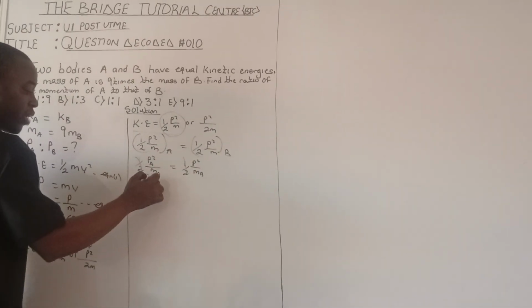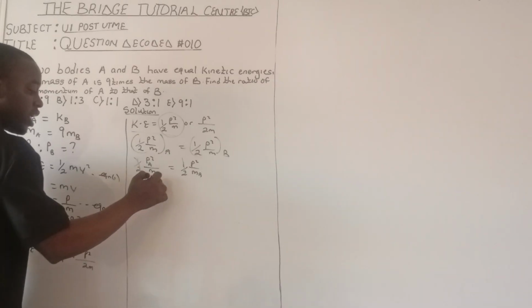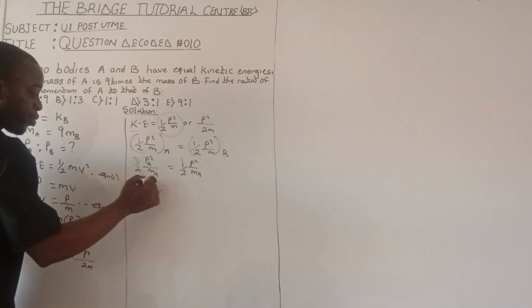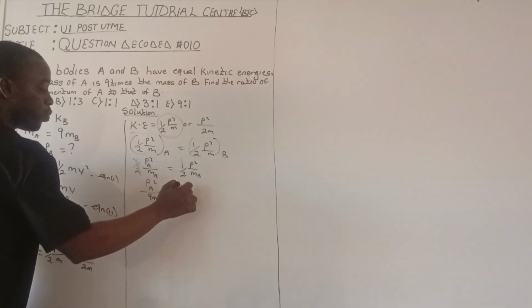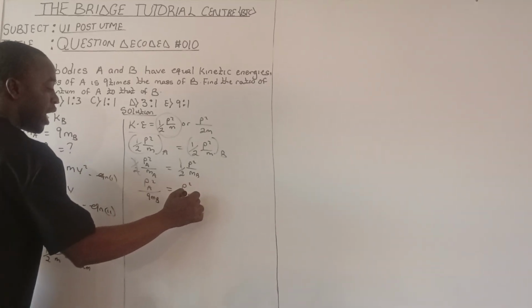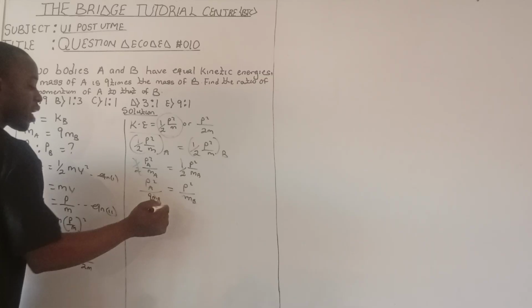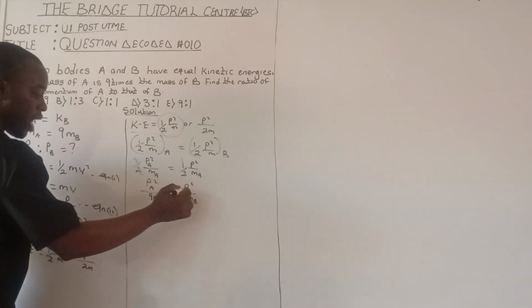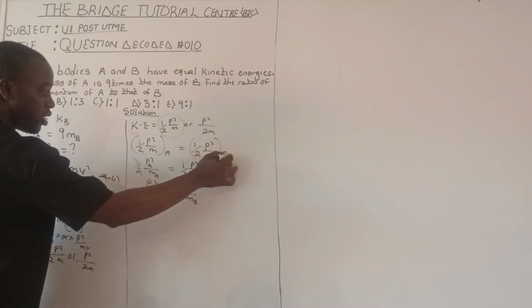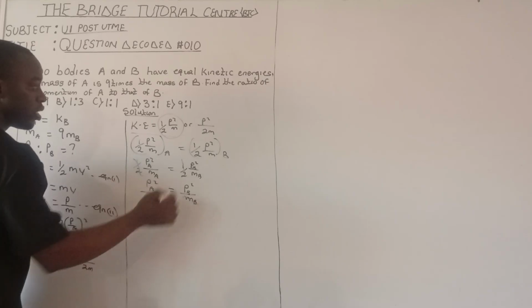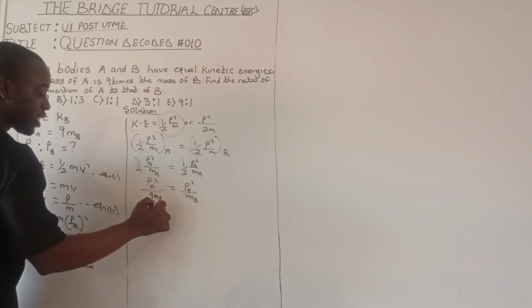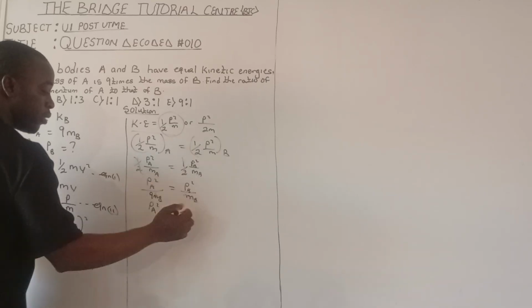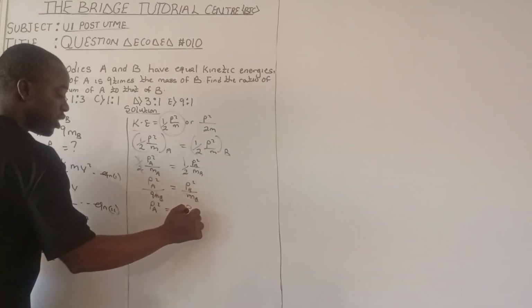So instead of writing MA, I can just write PA squared divided by 9MB equals PB squared divided by MB. MB, we cancel MB. So you cross multiply, and if you open the bracket, we are going to have PA squared equals 9 PB squared.